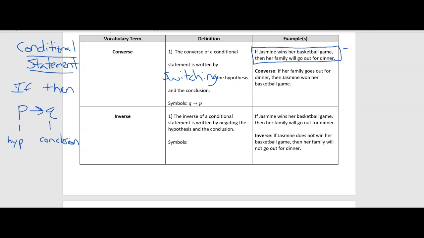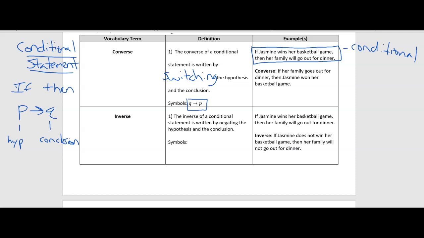That would be the regular conditional statement. The converse would just be switching the hypothesis and the conclusion. So if her family goes out for dinner, then Jasmine won her basketball game. Symbol-wise, we just switch the Q and the P.